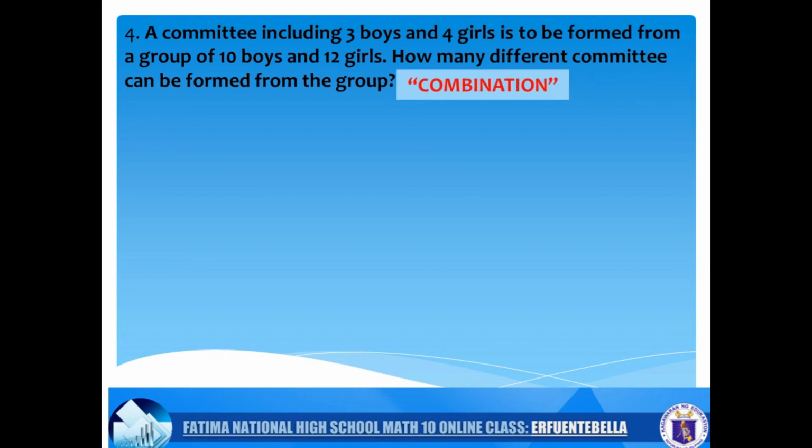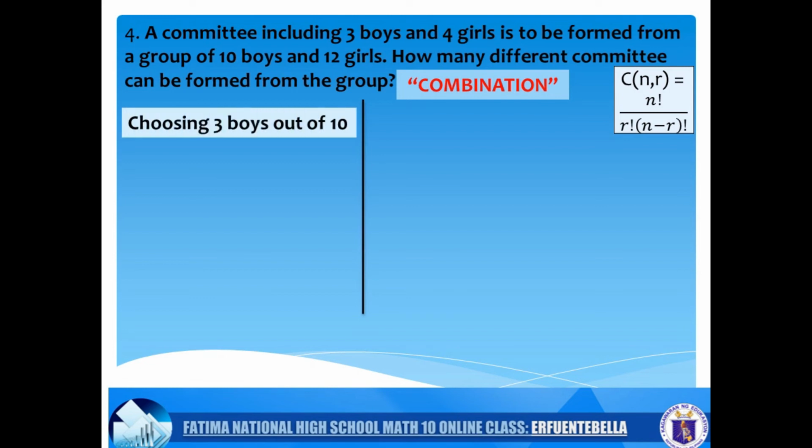So of course it is combination because all we have to do is to choose, not to arrange. So we will apply the formula of combination. But this time we have 2 formulas because we are going to choose 3 boys out of 10 and 4 girls out of 12.